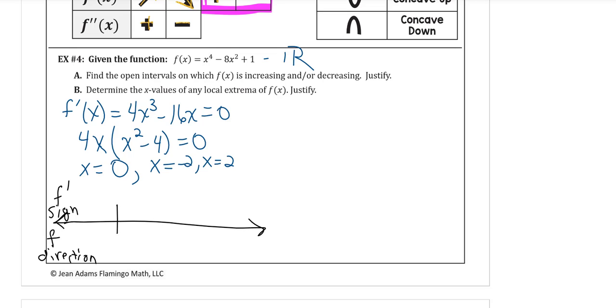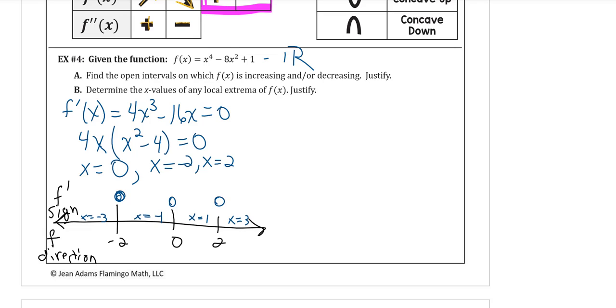We have one at -2, 0, and 2. And what we know so far is that each of these is a 0 of the derivative, so it's neither positive nor negative. So picking some x values, I'm going to use -3, -1, 1, and 3. How very symmetrical of us.